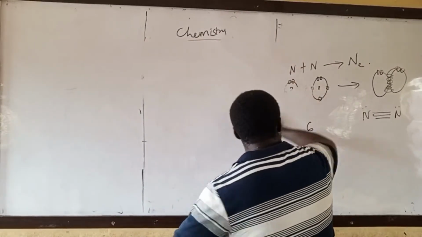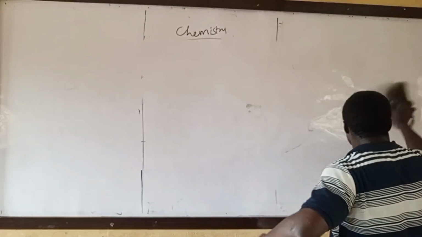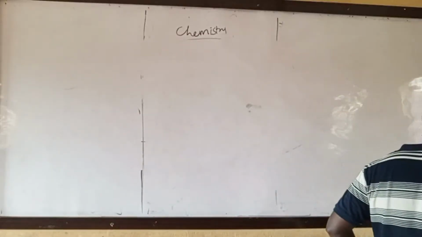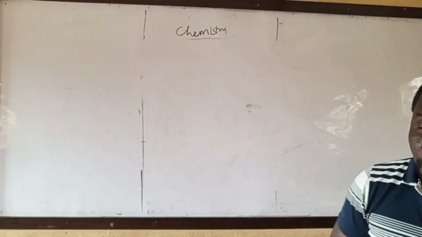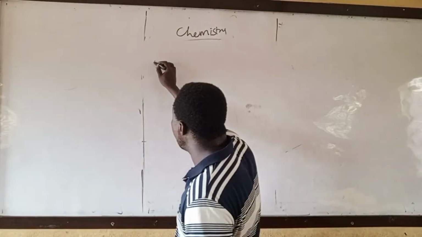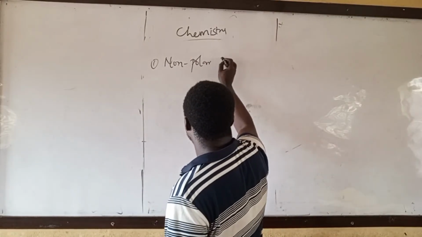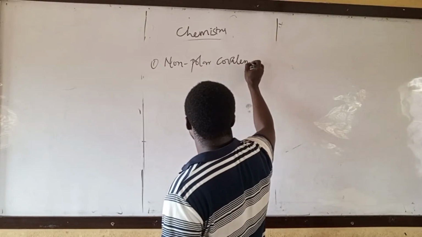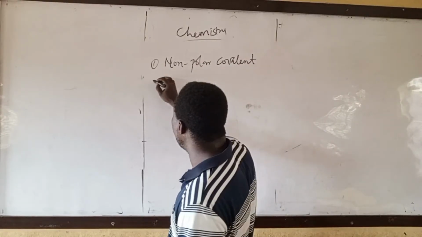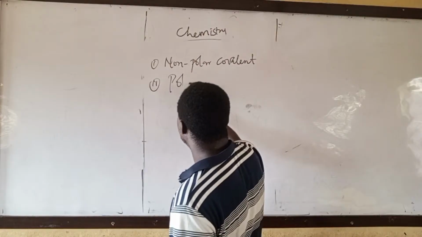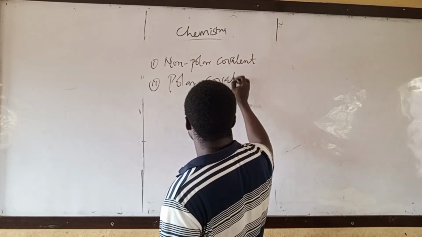Types of covalent bond. We have non-polar covalent compound, and we have polar covalent compound.